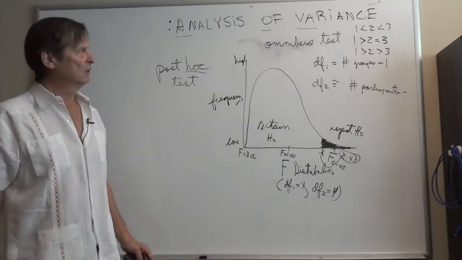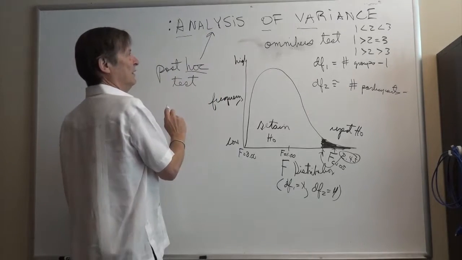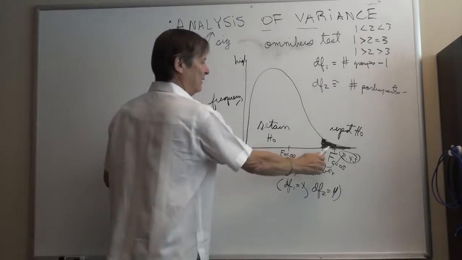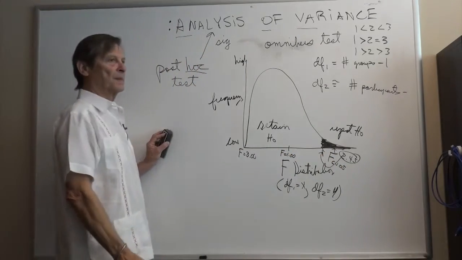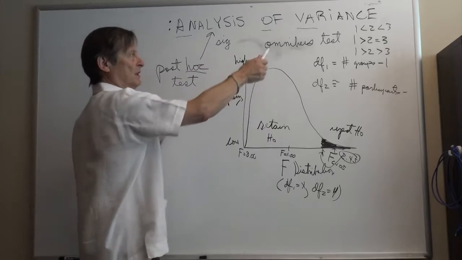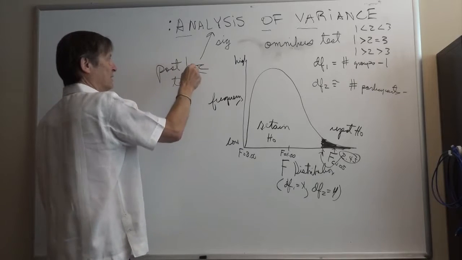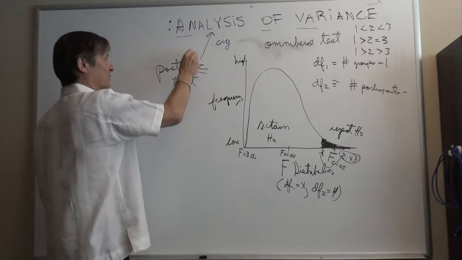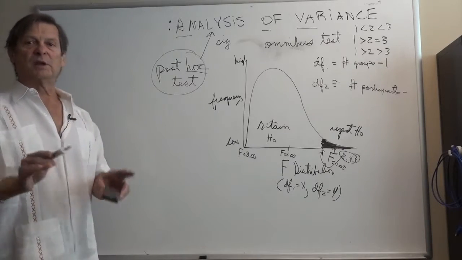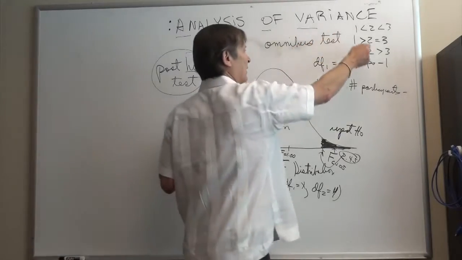Well, if you run analysis of variance and you find significance, that is, your F value falls in this rejection region, then you have statistical significance. You know there's at least one mean different from one other mean. After a significant analysis of variance, you'll run a post hoc test. And that will tell you which means are different from each other and which means are not, and what the pattern is.